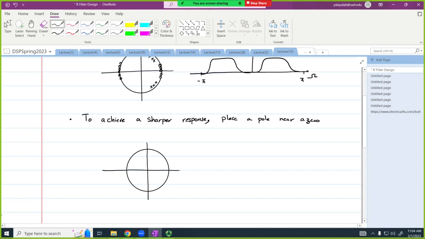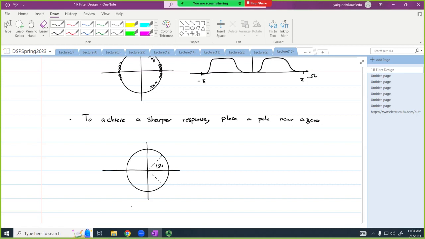So if I'm trying to remove a certain frequency, and I really want only that frequency to be removed, I want the rest of the frequency response to be passed. I don't want to remove anything other than that single frequency. What can I do? I have a frequency, omega 1, that I want to remove from the input of the filter.